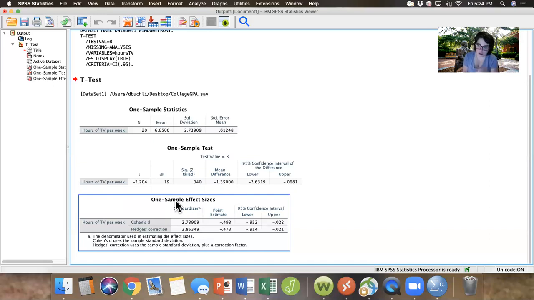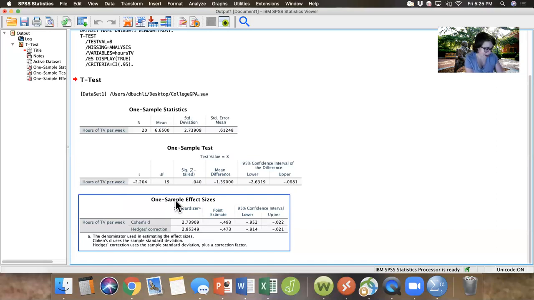Okay, so I've given you the example here of how to write up your results in APA style. So a couple things are a little bit different than what I showed you in class. The first is that we have a hypothesis, okay? And you should always state the hypothesis first if you can, okay?